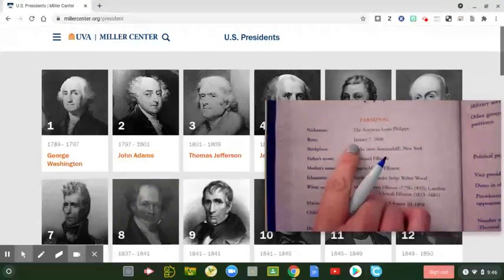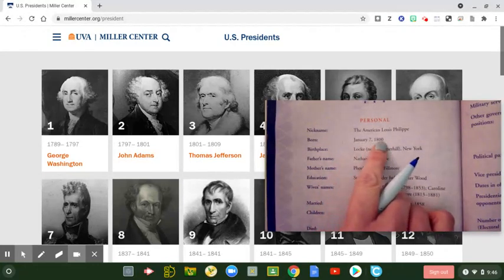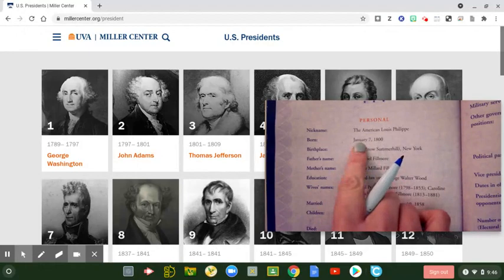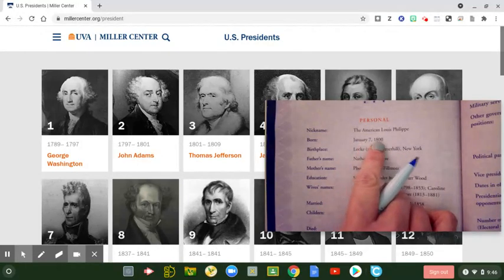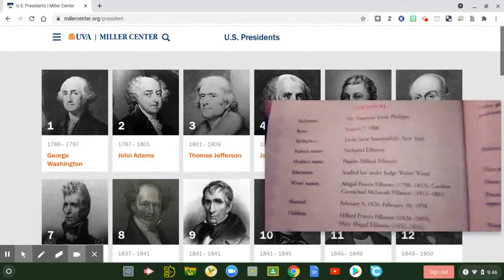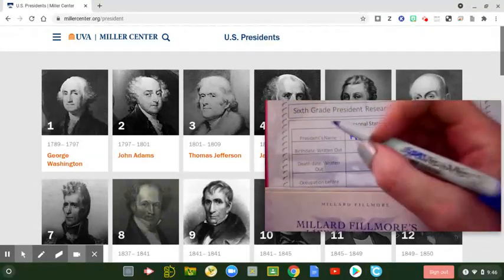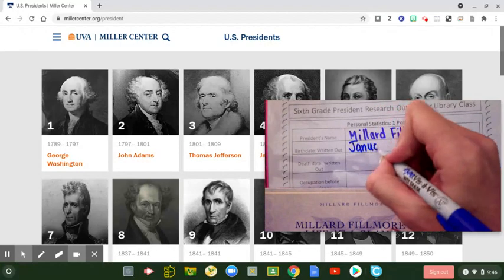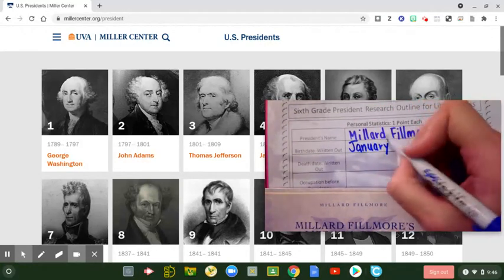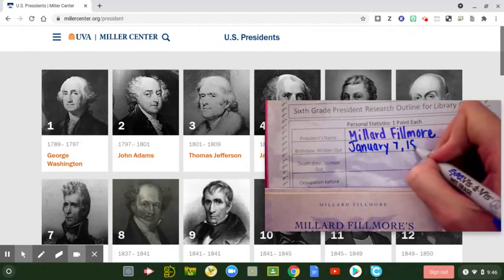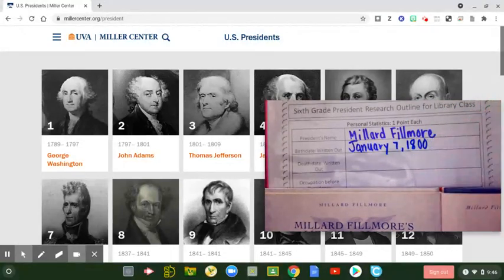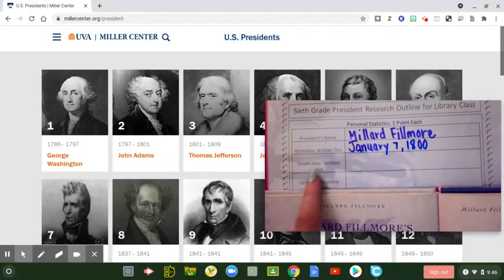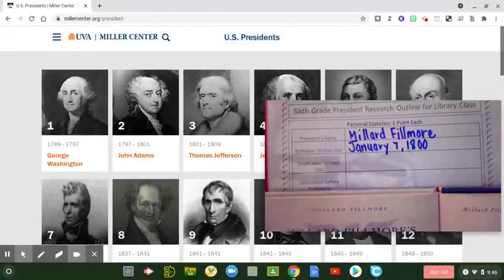And I am going to write it just like that. I'm going to write out the month, then the day, comma, and then the year. Okay, so I'm going to put January 7th, capital J, 1800.